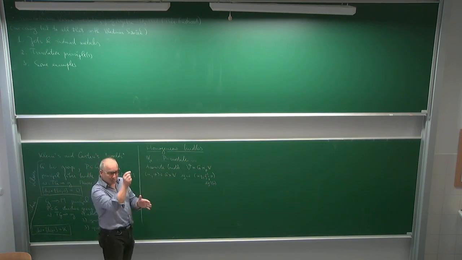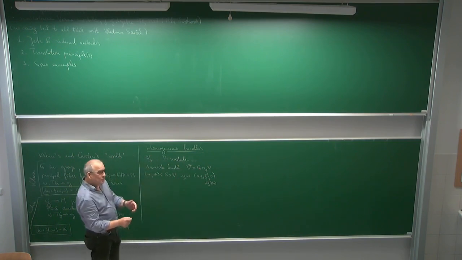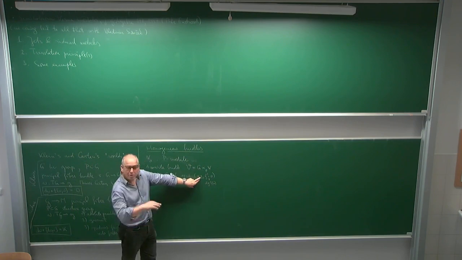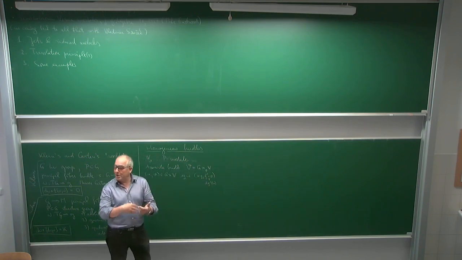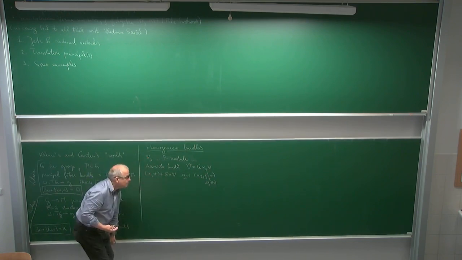Instead of talking about n-tuples, you should say that the n-tuples are given by the choice of the base. And if you change the base by multiplying from the right with the matrix g, then you have to multiply the coordinates from the left with the matrix g inverse. And that's it, right? So these are the associated bundles.